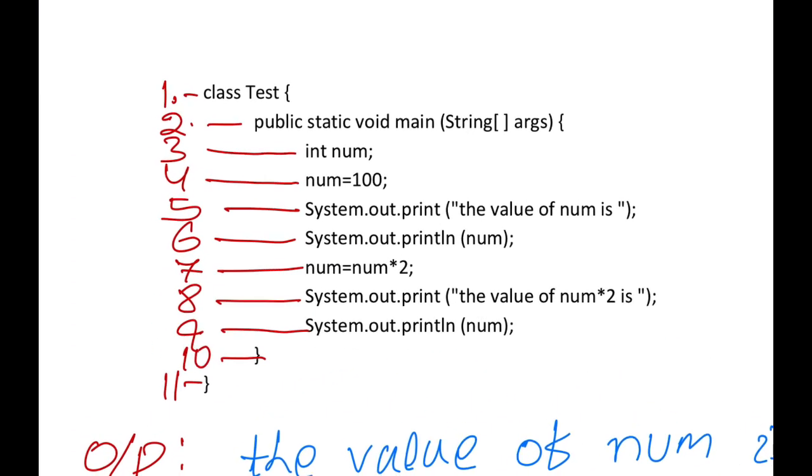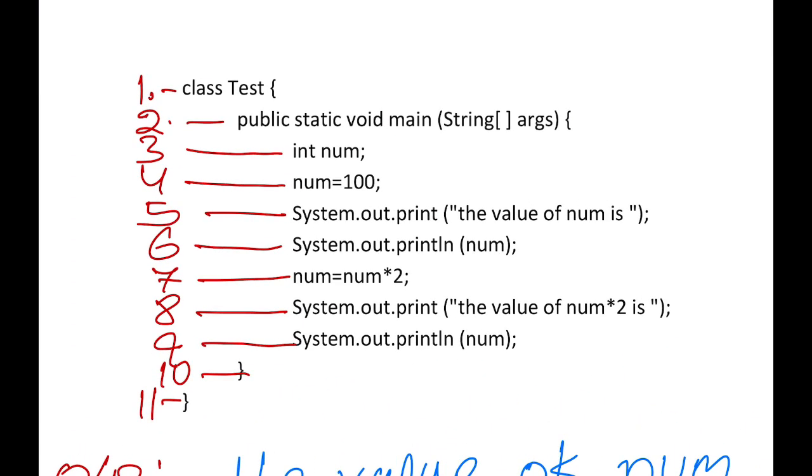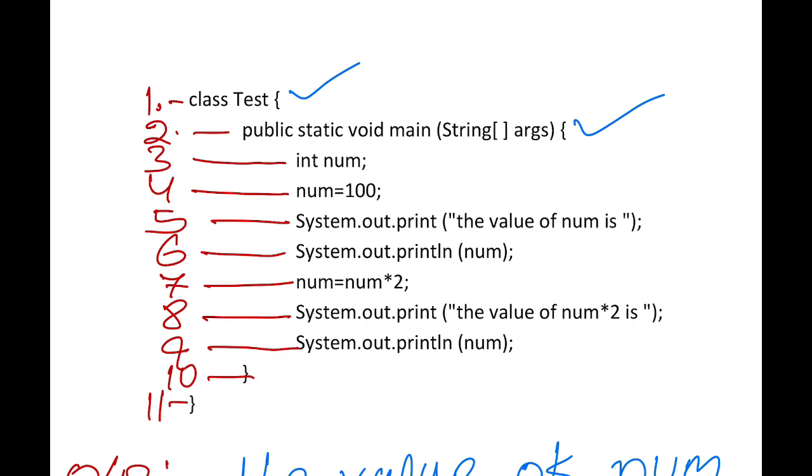So here you can take this one. We have discussed line number 1 and line number 2 multiple times. Now come to line number 3. Here in line number 3 we have written int num. This line declares an integer variable num.